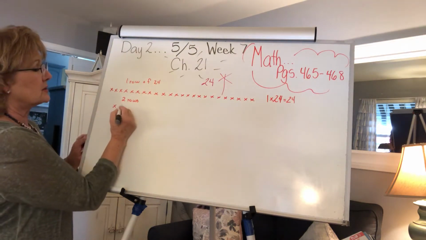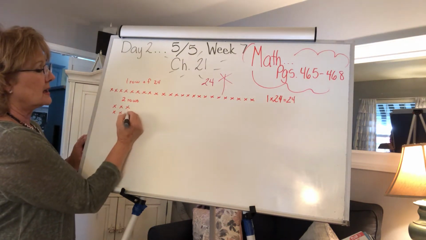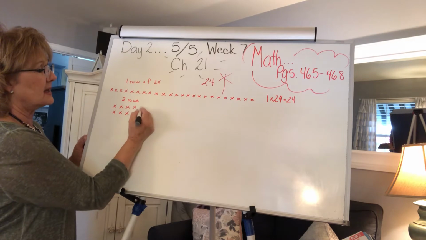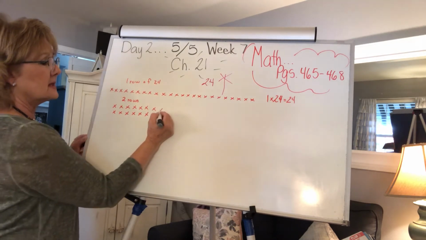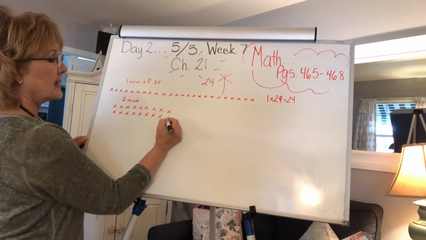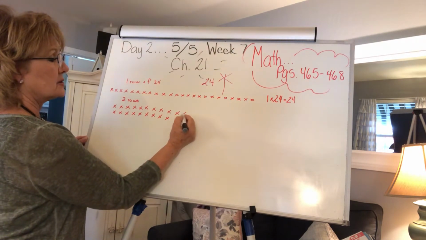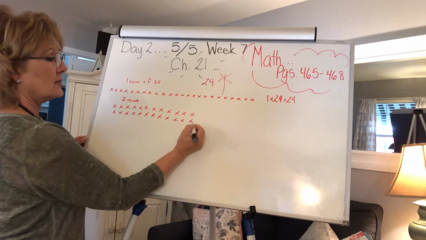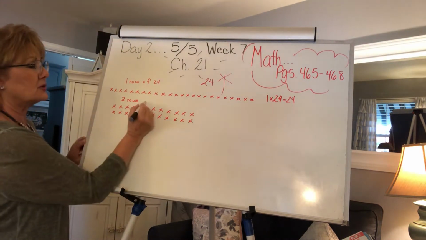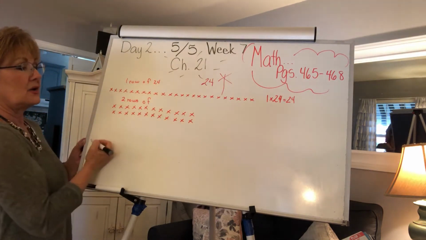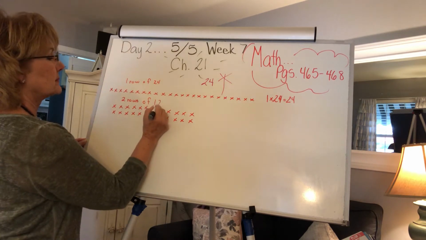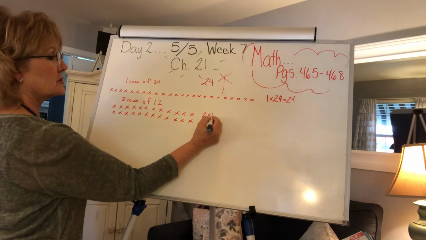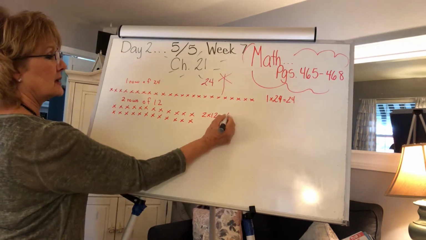So go 1, 2, 3, 4, 6, 8, 10, 12, 14, 16, 18, 20, 22, 24. So you can have 2 rows of what? 12. So 2 times 12 equals 24.